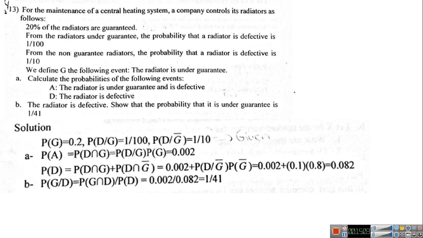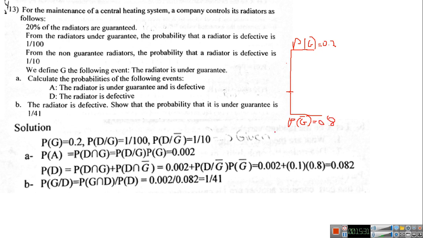So here, let me do it this way, better for you. P of guarantee is 0.2, as we said, it's a table. P of G bar is 0.8.